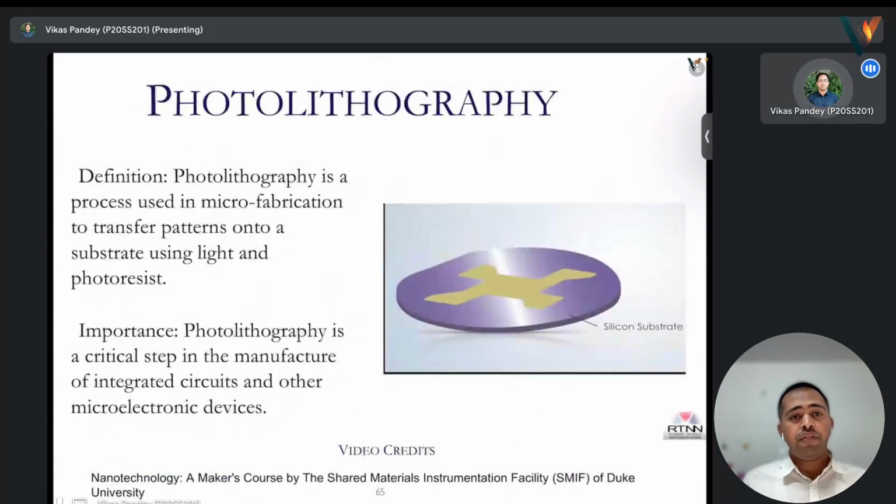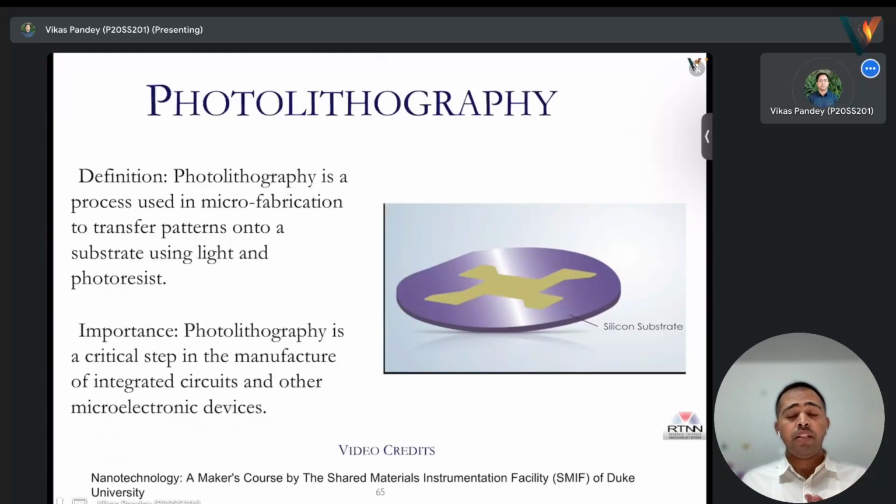Photolithography is a very critical step. A silicon substrate is there, and we want to pattern it. Wait, there should be a video here.